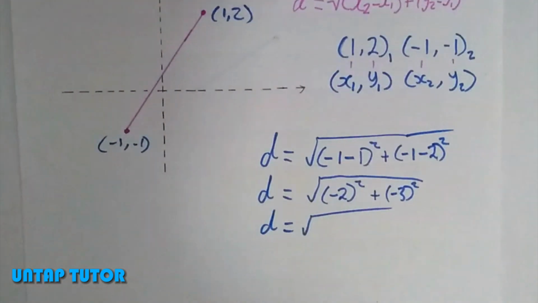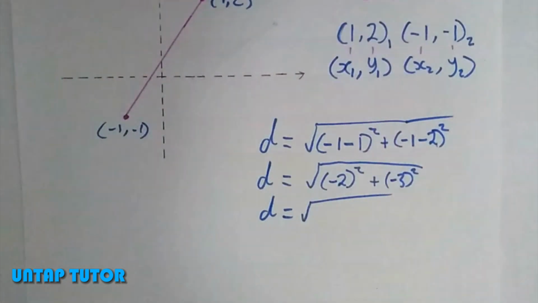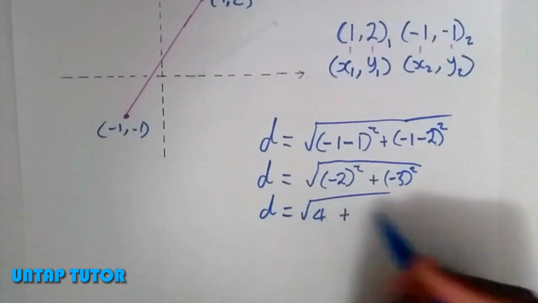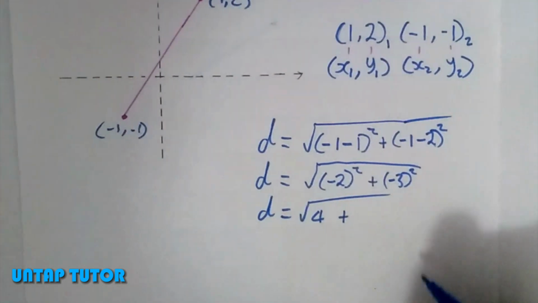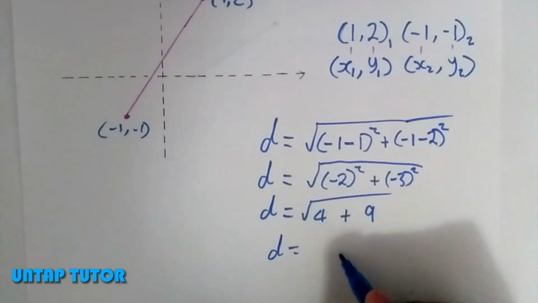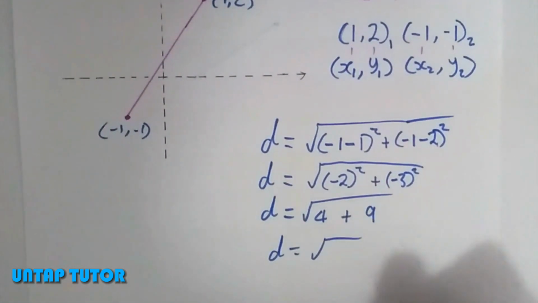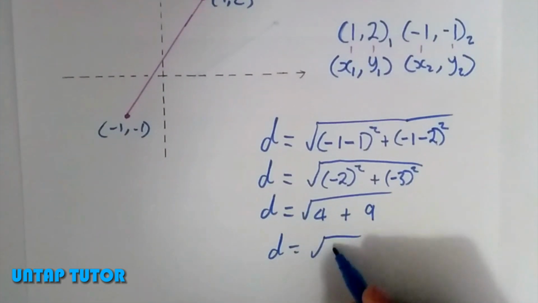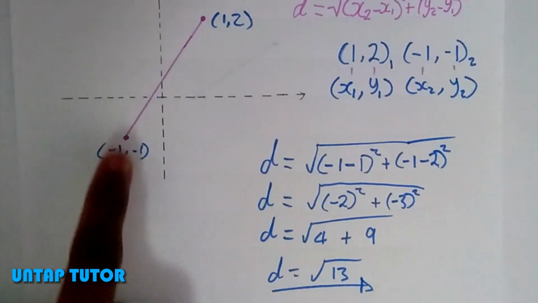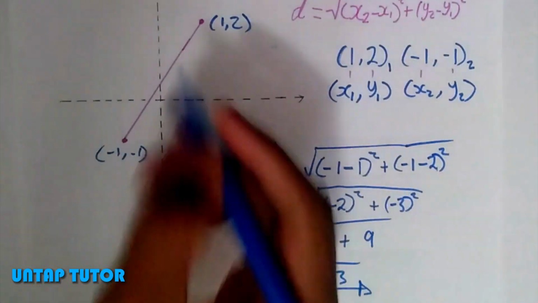Okay, -2 squared is going to be +4, plus -3 squared is going to be +9. So our d comes down to being the square root of 4 plus 9, which is the square root of 13. So this is the distance between these 2 points in the Cartesian plane.